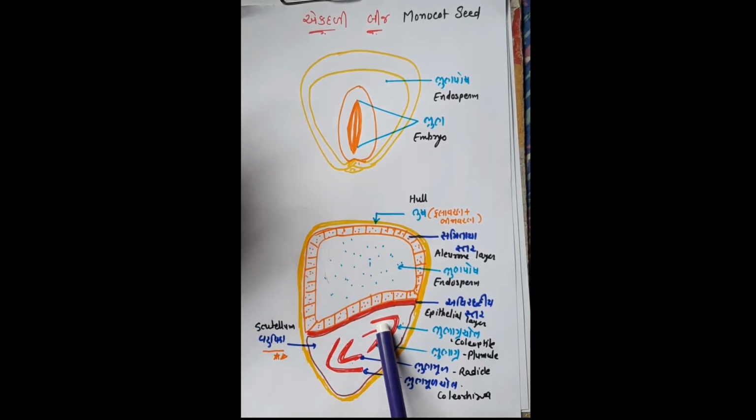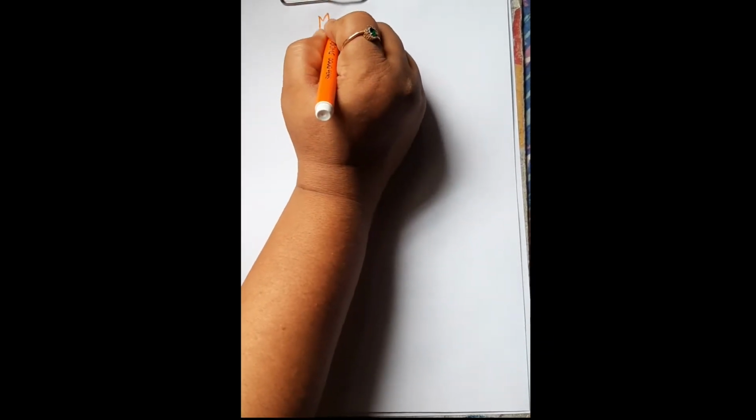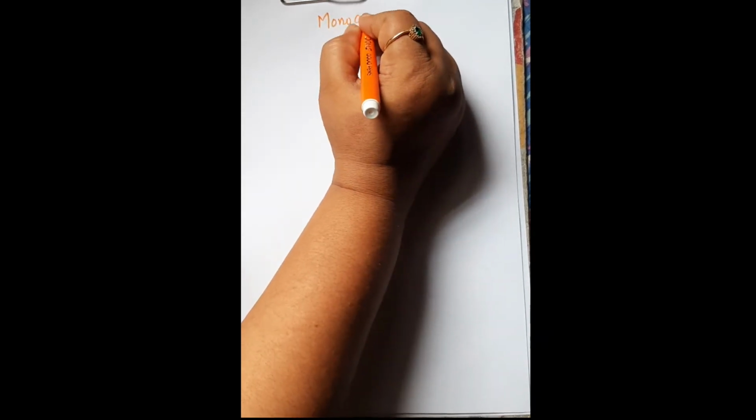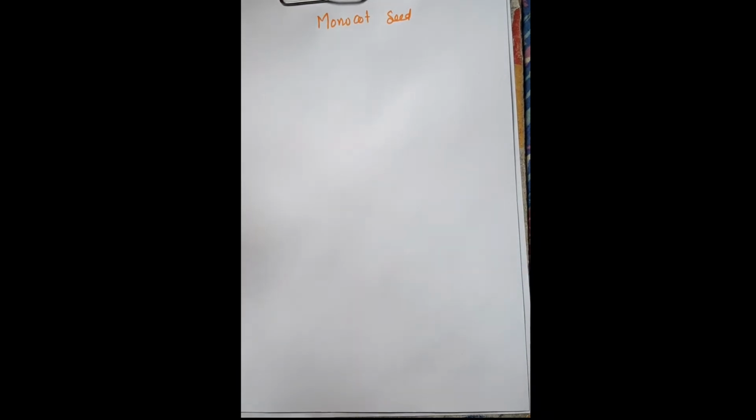Actually, examples of monocot seed are maize and wheat, so they are typical examples of monocotyledon.